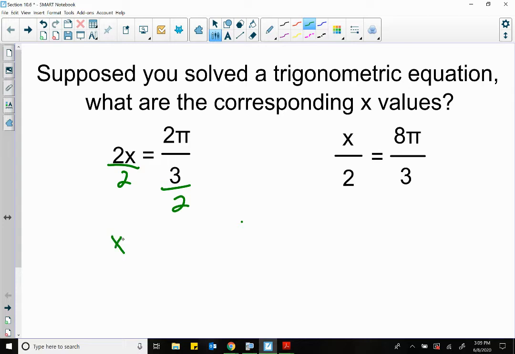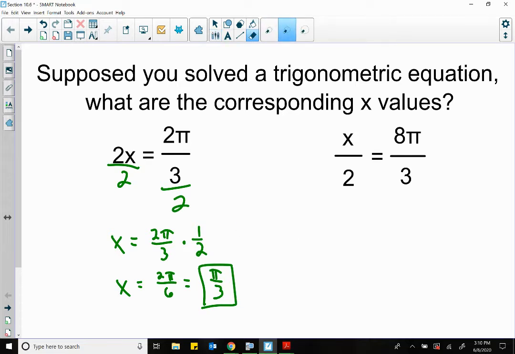So x is equal to, remember, we don't really divide by numbers, we multiply by the reciprocal. So 2 pi over 3 is being multiplied by the reciprocal of 2, which is 1/2. So the real answer to this x is 2 pi over 6, which reduces to pi thirds. That's what x really equals.